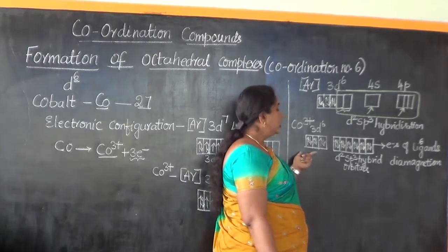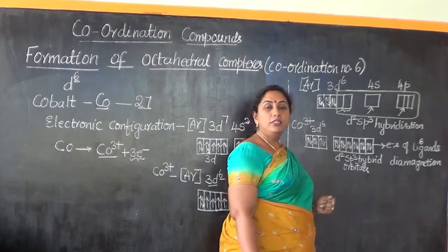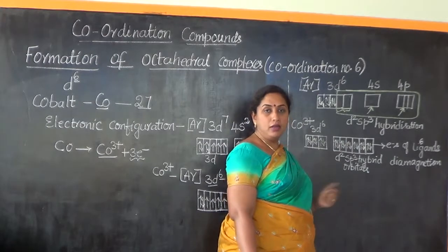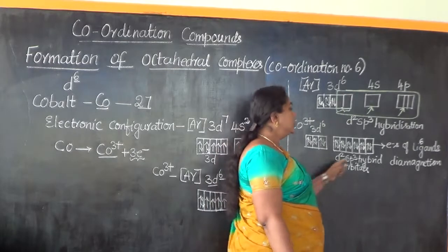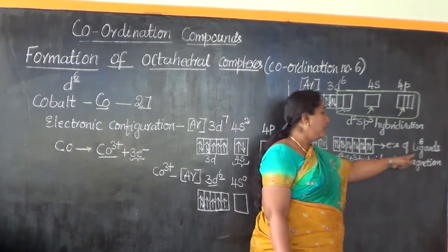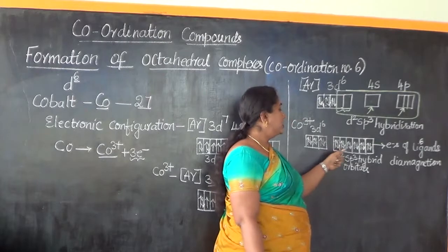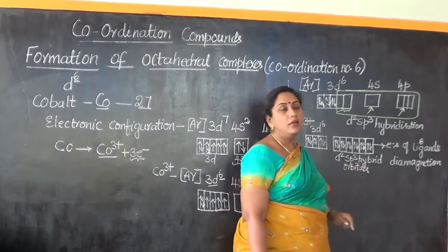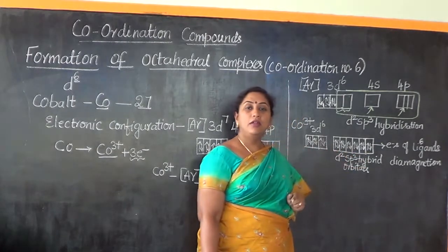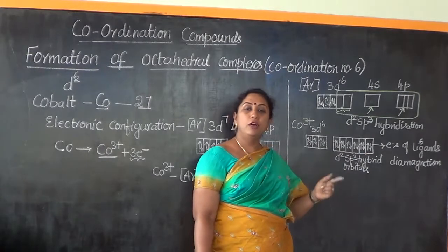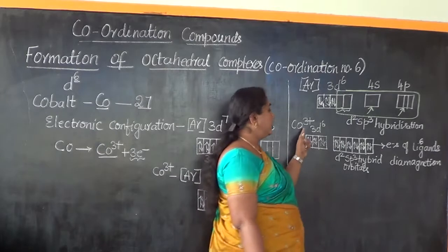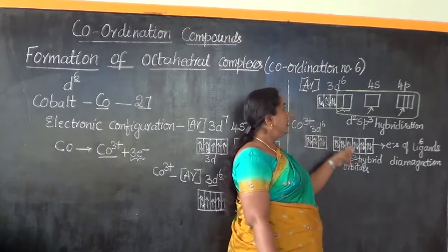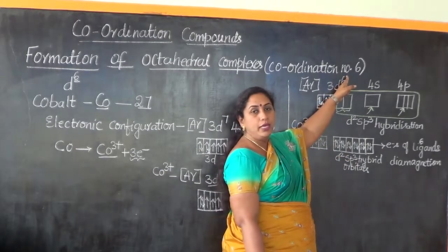And what is the shape of the molecule? It is going to be an octahedral complex. What is the coordination number? It is 6, because there are 6 ligands, each ligand donating a pair of electrons, and each ligand would have undergone coordination bond formation with the central metal ion, that is cobalt 3+. Therefore, its coordination number is going to be 6.